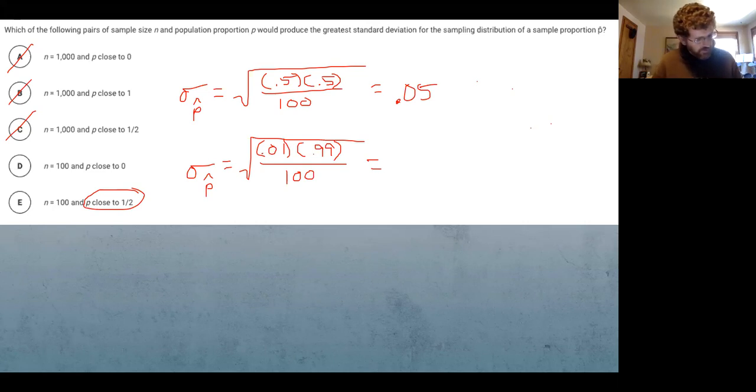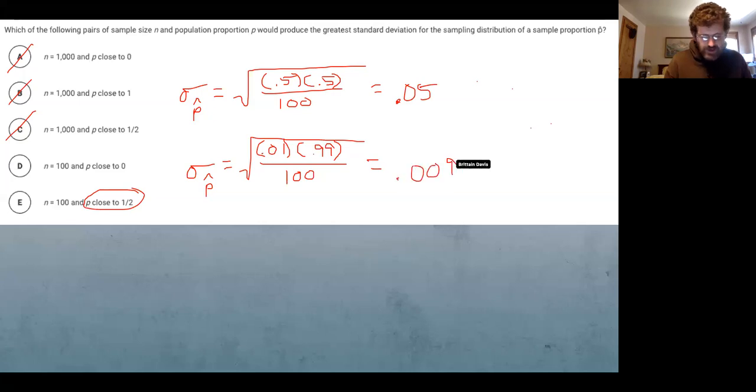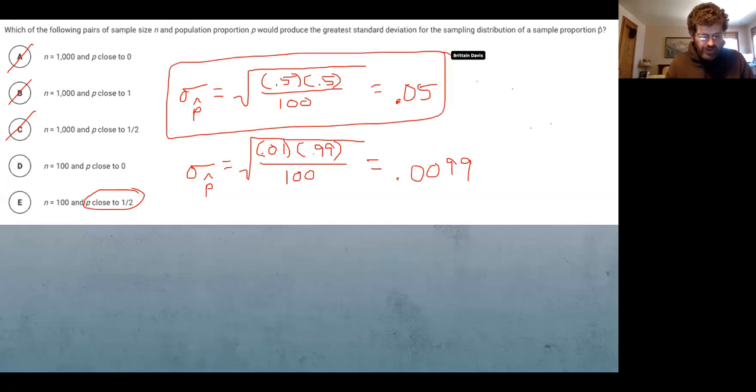All right, so now if I do that, I get 0.0099. So the bigger standard deviation is right here. So it looks like when it's close to 1/2, we end up with a bigger standard deviation.